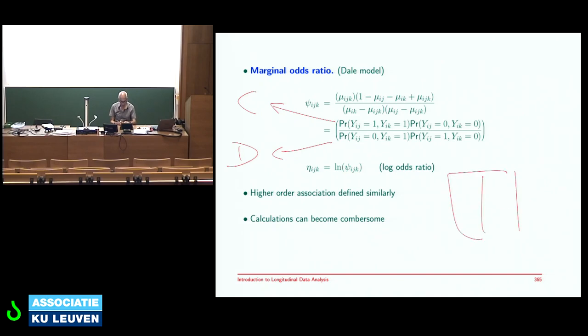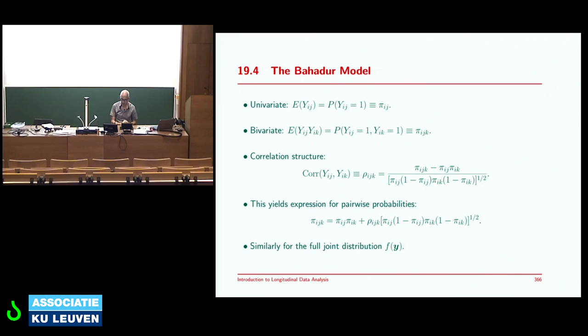It follows straight from a 2-by-2 table where you take the diagonal product divided by the off-diagonal product. And also there we have a value that lies between 0 and +infinity, so here the log link would be a very natural link. In all cases, higher orders can be defined similarly, but if you go for a fully specified marginal model, you have to do that. You have to specify the higher orders.